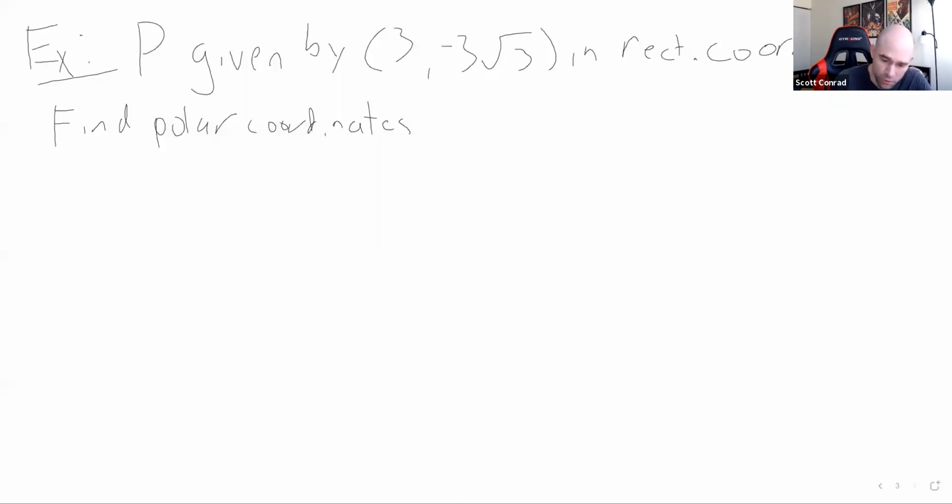Let's find out what P is in polar coordinates. Okay. So x is 3, y is negative 3 root 3. Let's find r and theta.